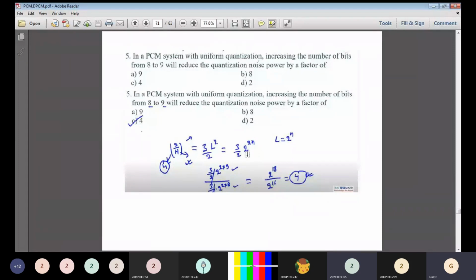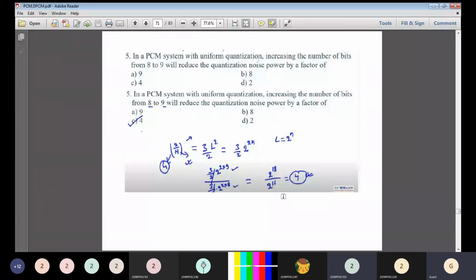Here, the n value varies from 8 to 9. So simply we can say 3 by 2 into 2 power of 2 into 9 divided by 3 by 2 into 2 power of 2 into 8. So we are getting 2 power of 18 divided by 2 power of 16.